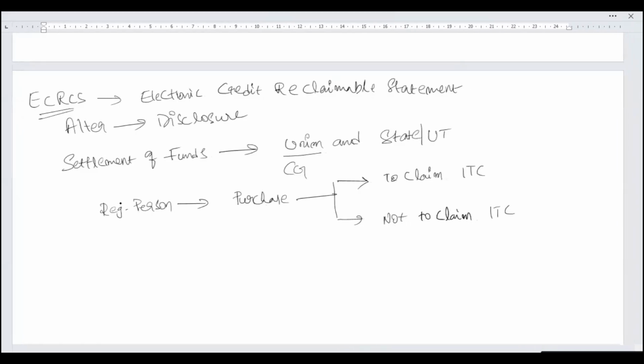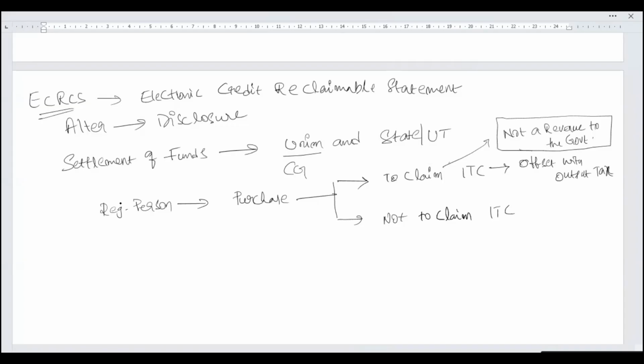Now, when the registered person claims input tax credit, it gets offset with output tax. Correct? So when I have claimed input tax credit, whatever output tax is there, I offset. So they say that to the extent of this input tax credit, this is not revenue to the government. The government is not getting any money out of this input tax credit.